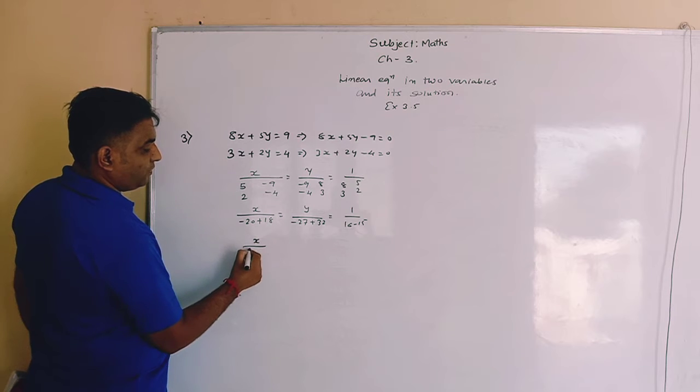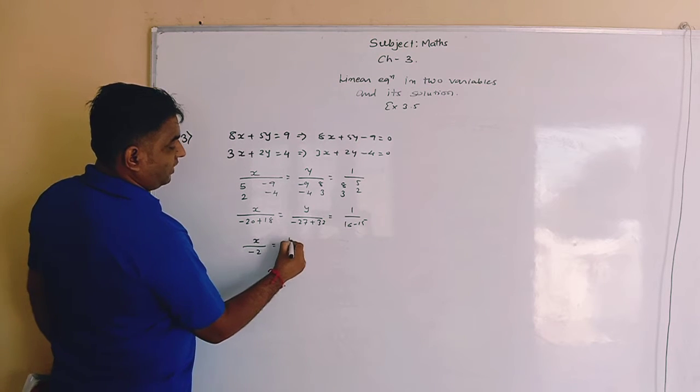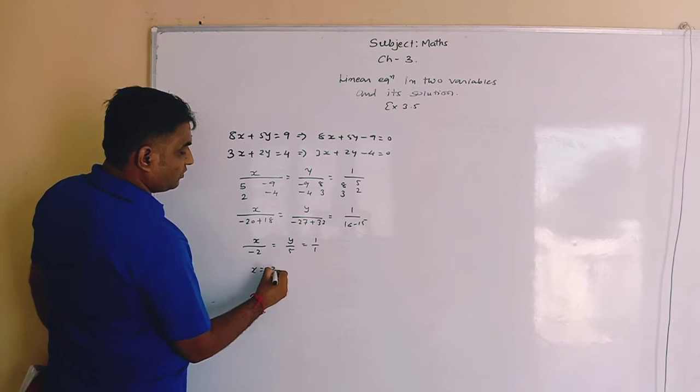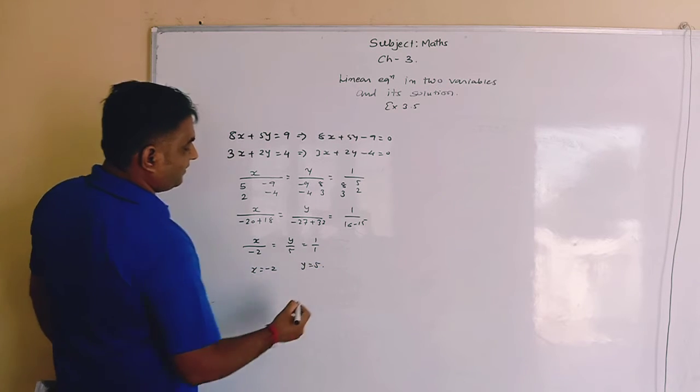And so it is x/-2, y/5, and 1/1. And so x = -2, y = 5.